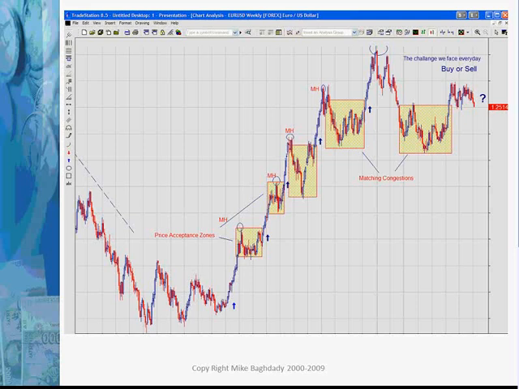Then there is a new phase of demand that comes in, a new imbalance, and then we get another impulse wave, and that's where we want to be in the market. We always want to be buyers in the impulse wave.